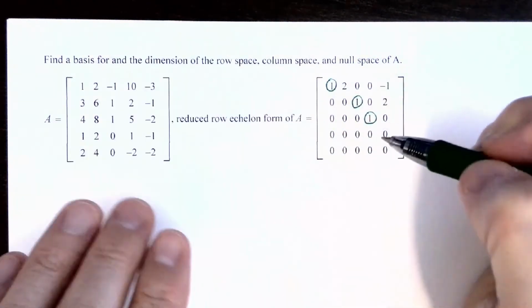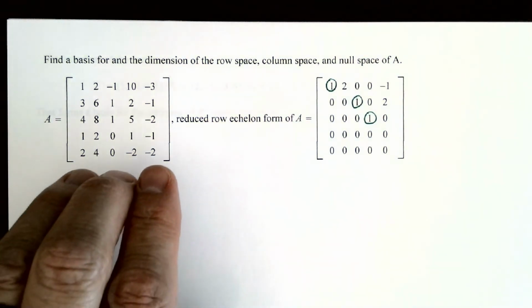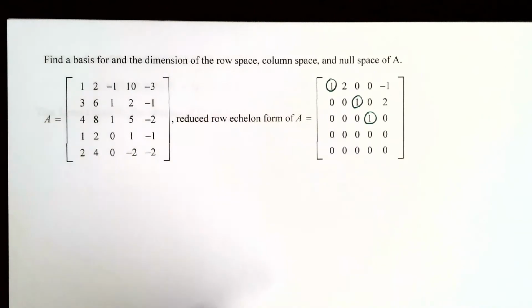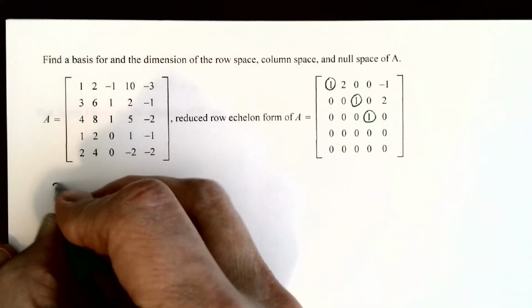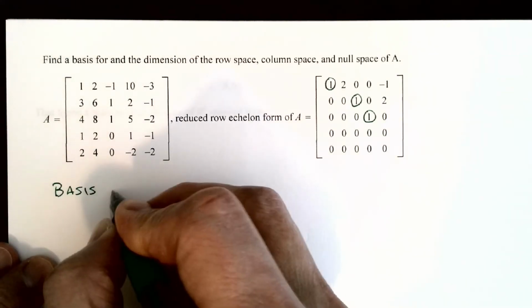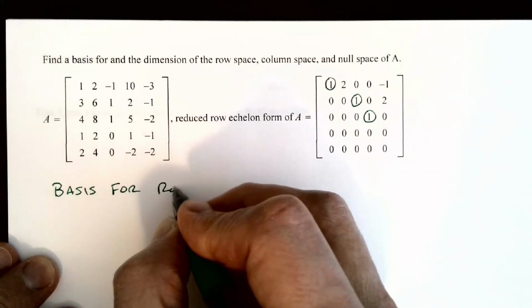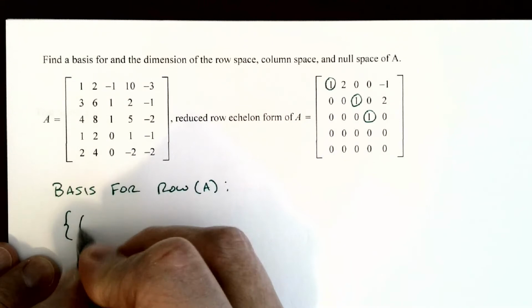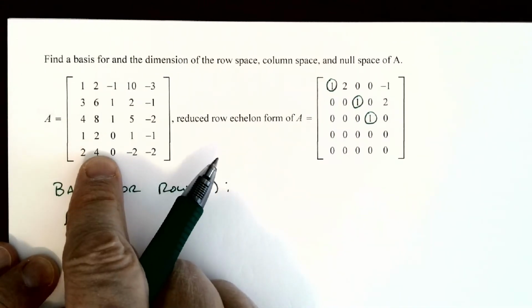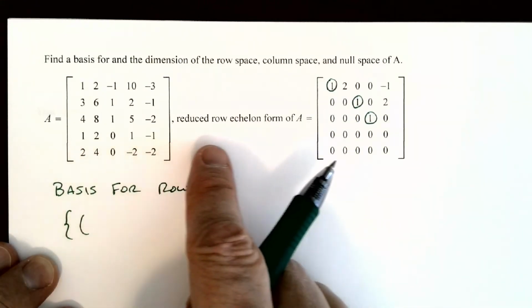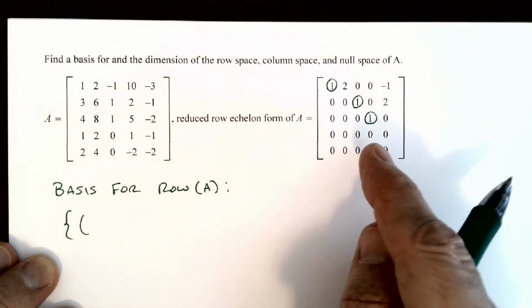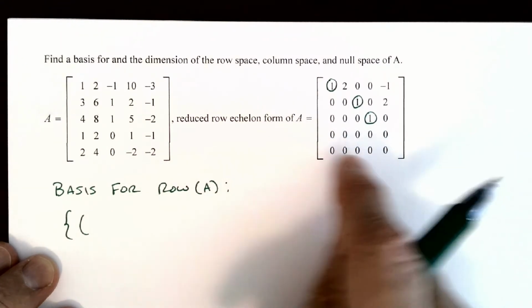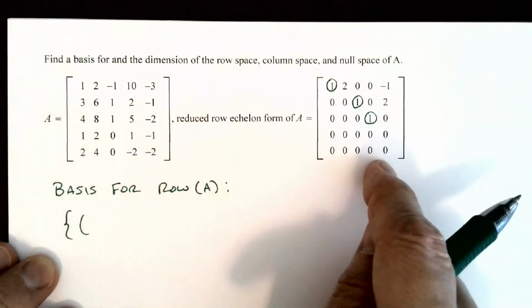But how do I find a basis for the row space and column space of matrix A? Is it the same as over here? Well, for the row space it is. A basis for the row space of A: since the row space of any matrix is not affected by row operations, after we went through that long process, the row space of this matrix and the row space of this matrix are the same.